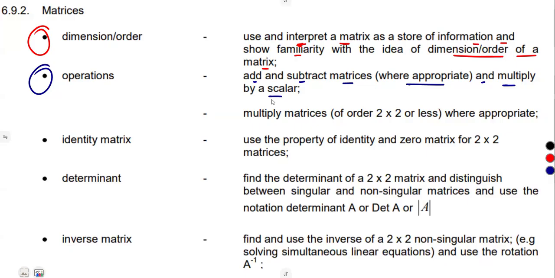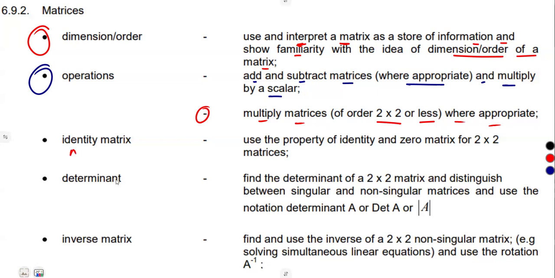So we have scalar multiplication, just like what we had before, working with vectors. Again, under these operations, we need to multiply matrices of order 2 by 2 or less. According to your syllabus, 2 by 2 or less is what you're going to work with where appropriate.